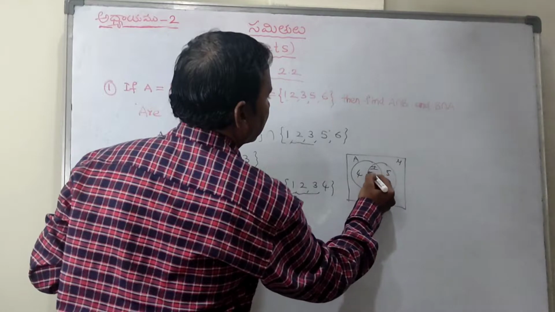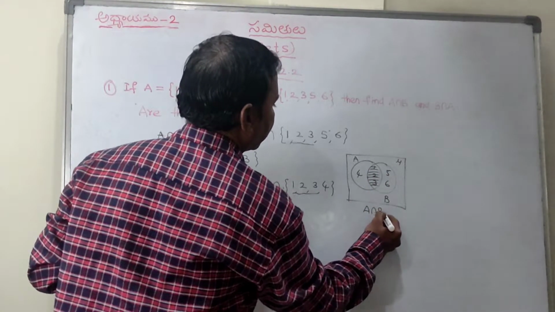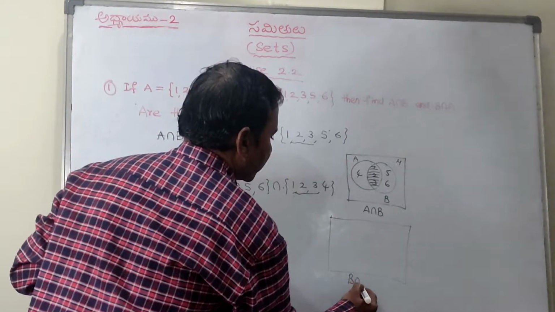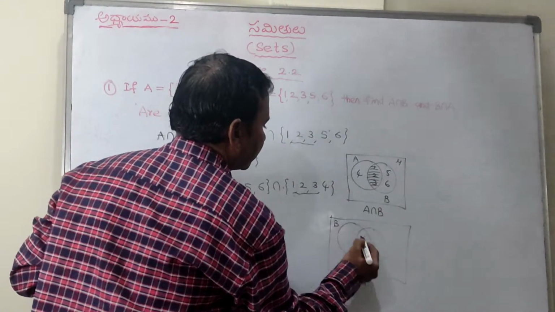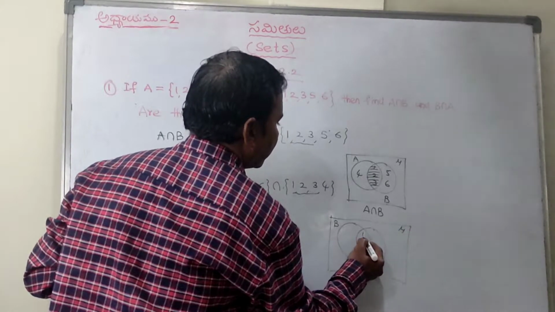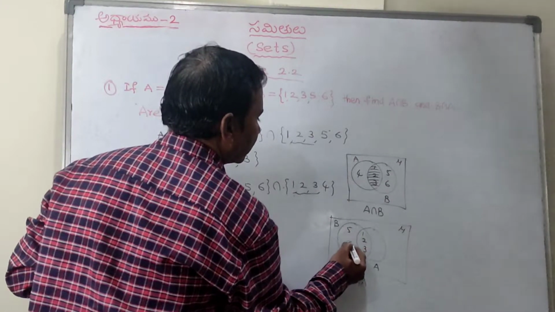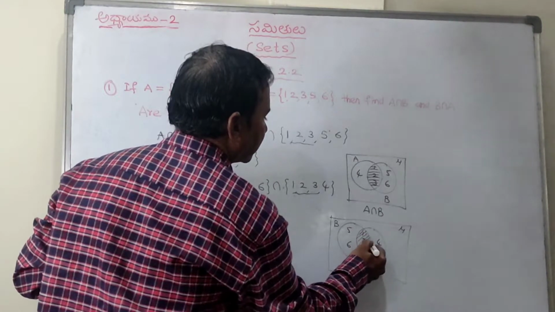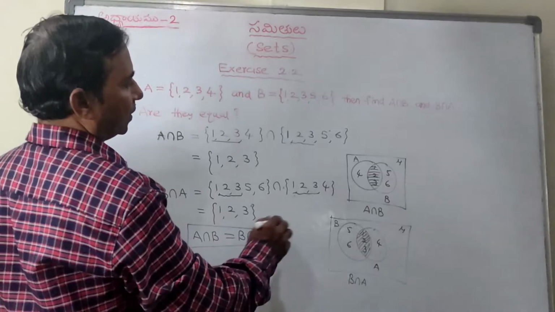So this becomes A intersection B, whereas B intersection A, this is B, A, mu. Common elements 1, 2, 3, B has 5, 6 and A has 4. If you see, this is the common portion. So this is a Venn diagram.